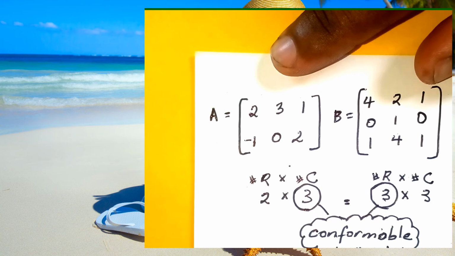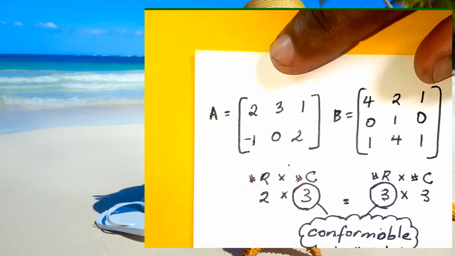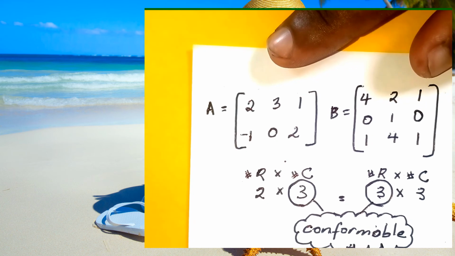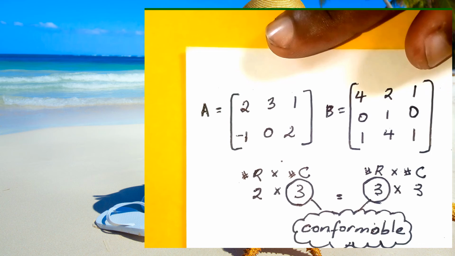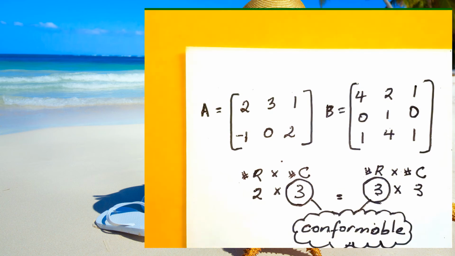Boy, I need to go back to learn English because of the word conformable in our work. We say that matrices are conformable because it is when the number of columns is equal to the number of rows that we can do certain operations on them, especially multiplying matrices.